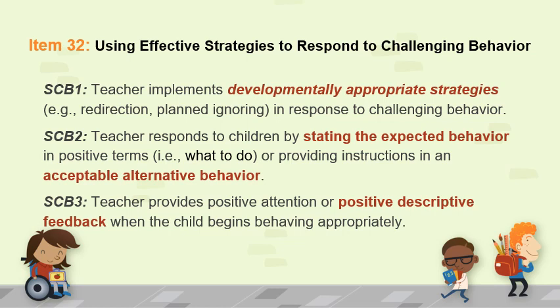You have to have the follow-up of letting all of that go when the child does what you've told them to do. And they've done it, and so now we have to let that challenging behavior go and be able to give positive descriptive feedback to the child to reinforce them to do it again because it's the right thing to do.